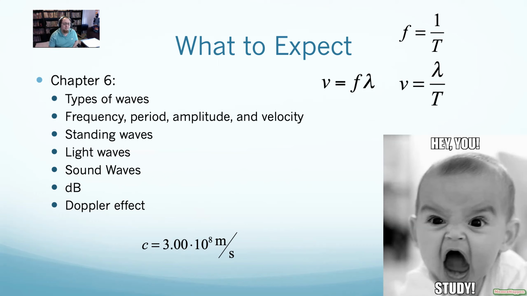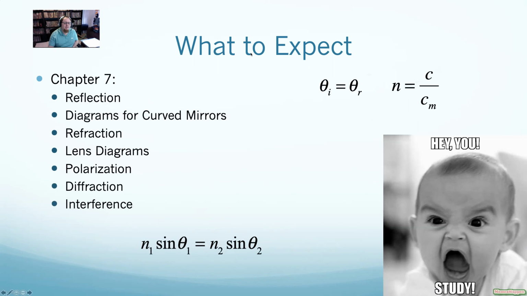Chapter 7, know your law of reflection. Know how to make a diagram for a curved mirror. That will be on there. Know how to deal with refraction and Snell's law, and also the index of refraction, and how to do lens diagrams. That will be on there. And look at polarization, diffraction, and interference.